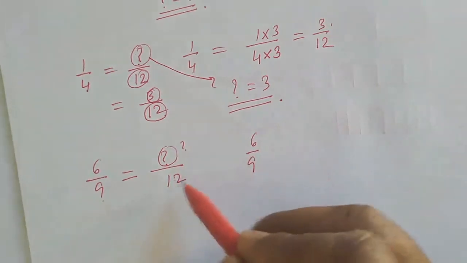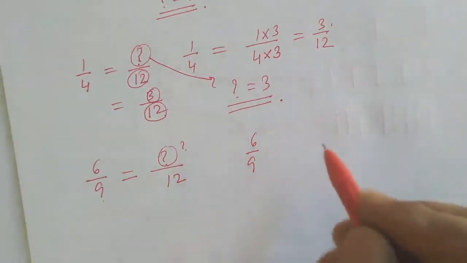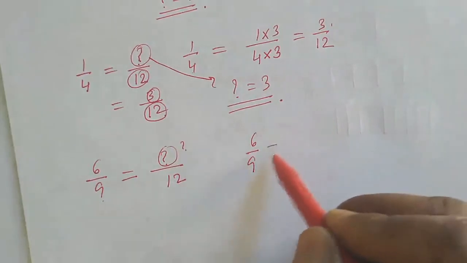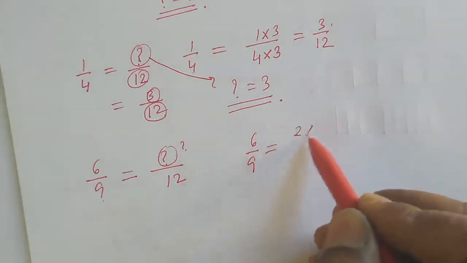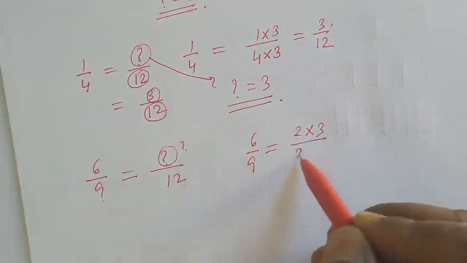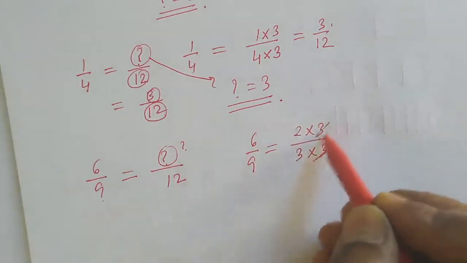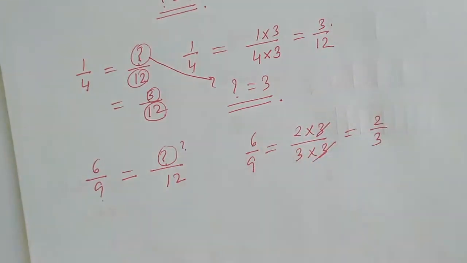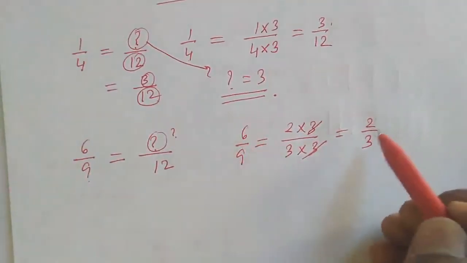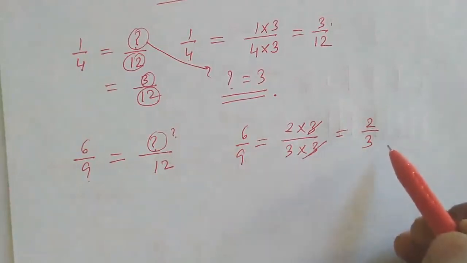Before converting 9 into 12, because that seems a little bit difficult, you can actually reduce these two numbers. 6 you can write it 2 into 3, and 9 you can write it 3 into 3. So this fraction 6 by 9 is actually 2 by 3.